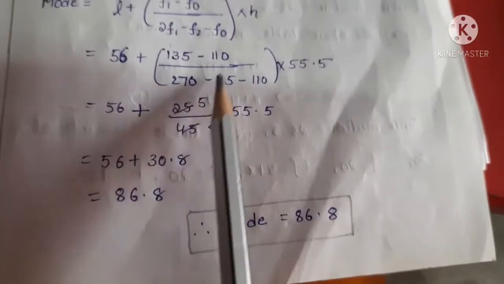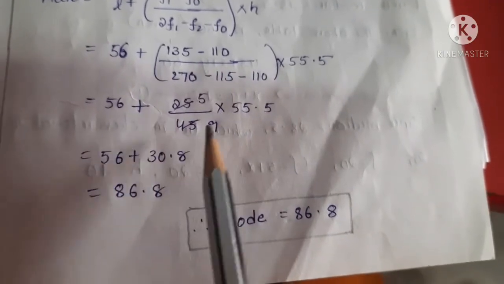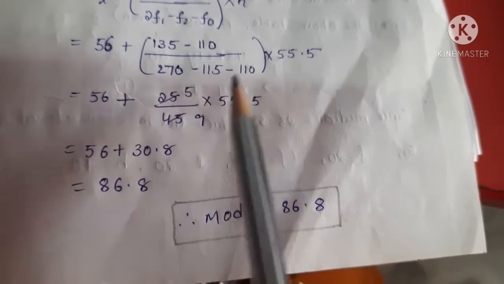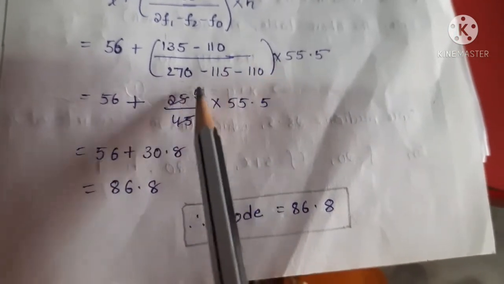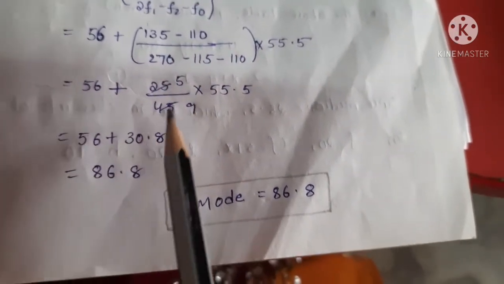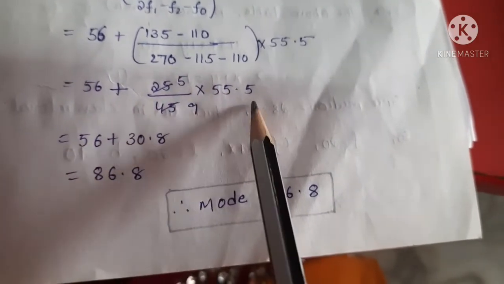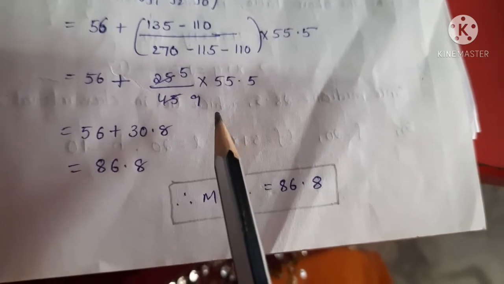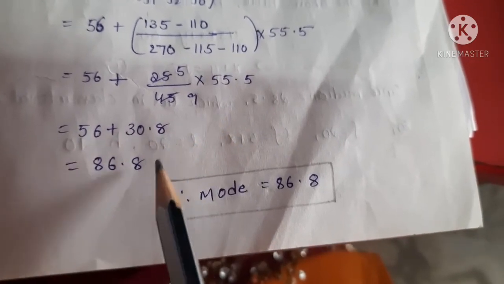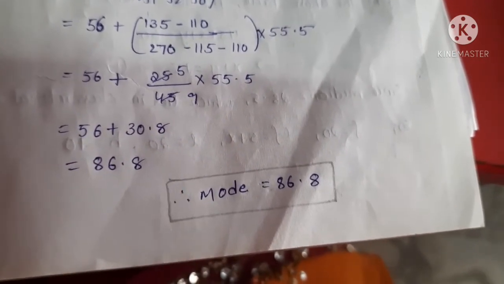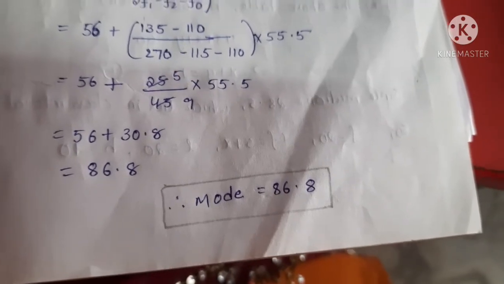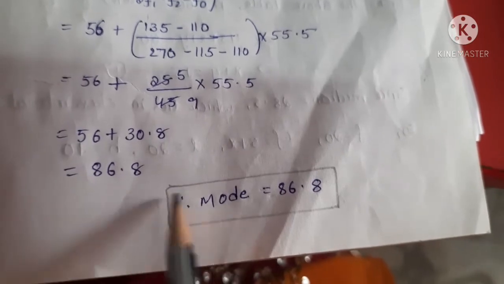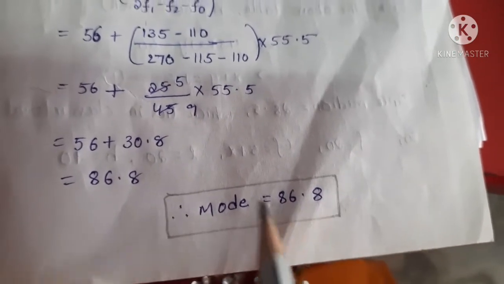So 56 plus (135 minus 110) by (2 into 135, which is 270, minus F2 150 minus F0 110) into H, 55.5. That is 56 plus 25 by (270 minus 225, that is, add both and subtract from 270), which is 45, into 55.5. Solving this gives 30.8, so 56 plus 30.8 gives 86.8. The mode is 86.8.